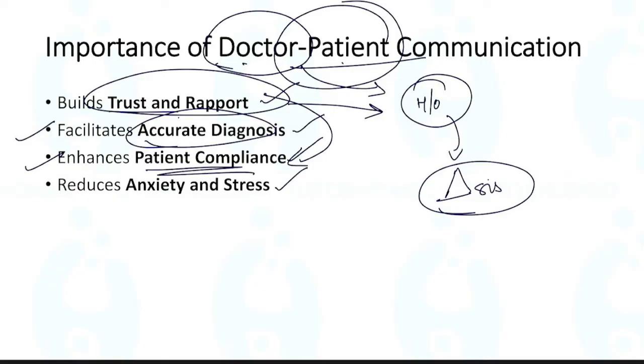Fine. Next is reducing anxiety and stress. So effective communication between the doctor and patient will reduce the patient's anxiety, because we have a diagnosis, right? Most of the time when we get a diagnosis, the patient is stressed, right? So the patient wants to be heard there.